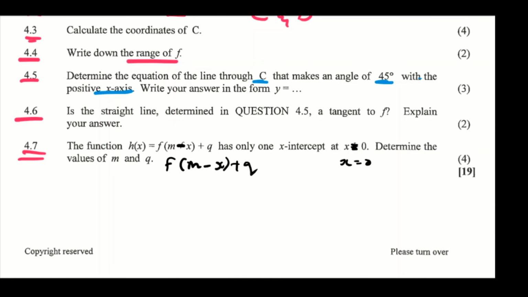Okay, cool. So we're having this function h of x, right? And we're told that it has only one x-intercept at x equals 0, right? So remember that our f of x is actually equal to (x plus 1) squared minus 4, right?